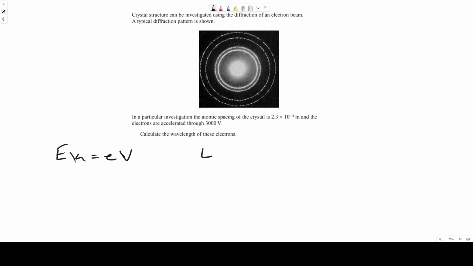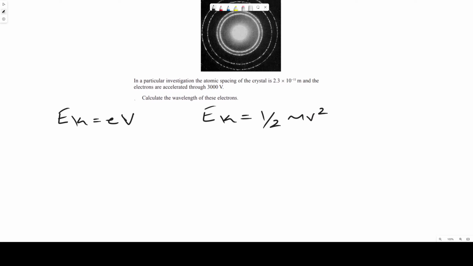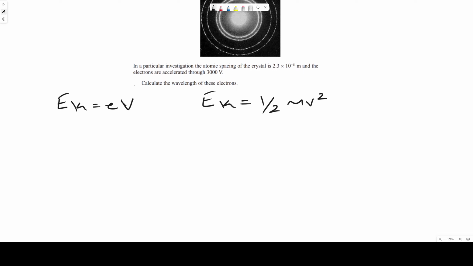The other equation for kinetic energy is going to be equal to half mv squared, which most of us know. Now, because both kinetic energies belong to the same electron, I can equate the two, and I'm going to be isolating for speed. The reason I am isolating for speed is because I know that wavelength is connected to speed using de Broglie's wavelength equation, or de Broglie's formula.